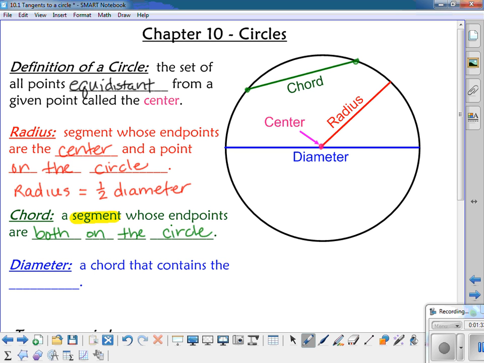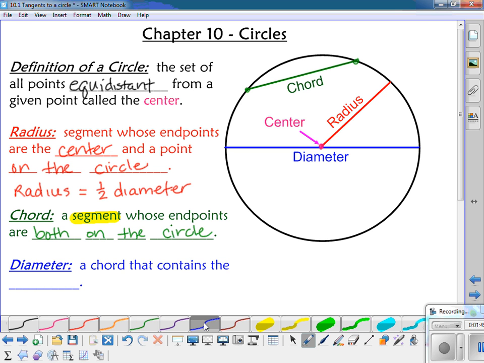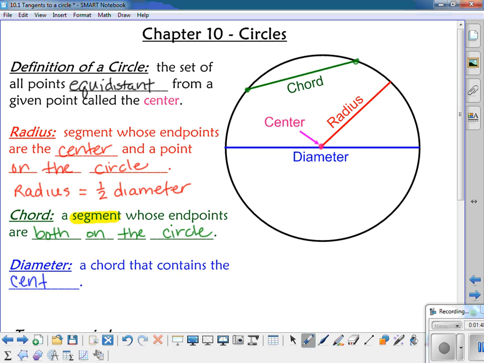And it's important that you understand the difference between a chord and, later in a second, we're going to talk about secant, which also goes through a circle twice, but it's a line. So make sure you remember the chord is the one that's a segment. All right, and then the diameter is just a special chord that contains the center. And so the diameter is 2 times the radius.